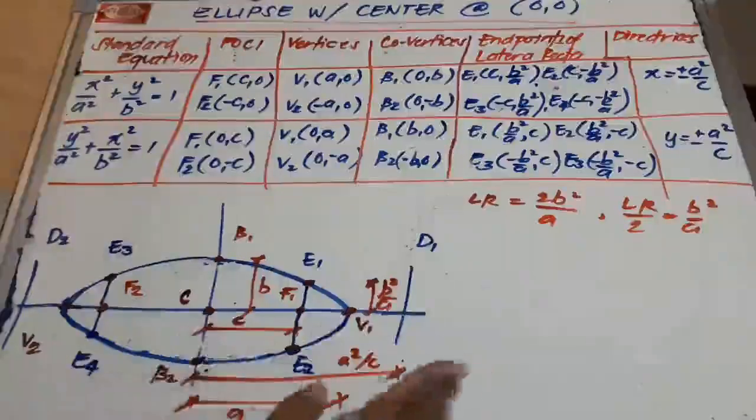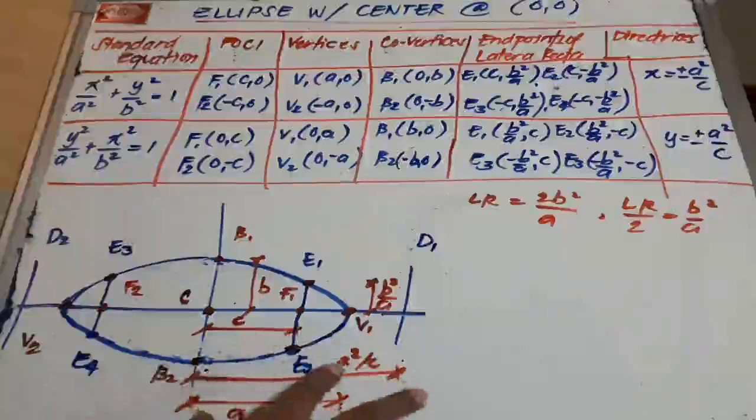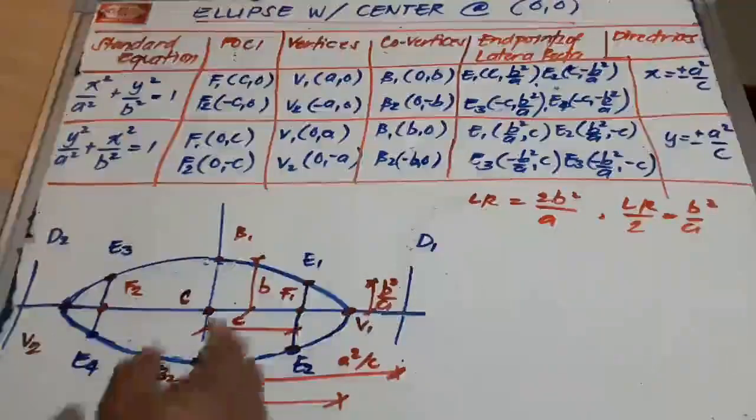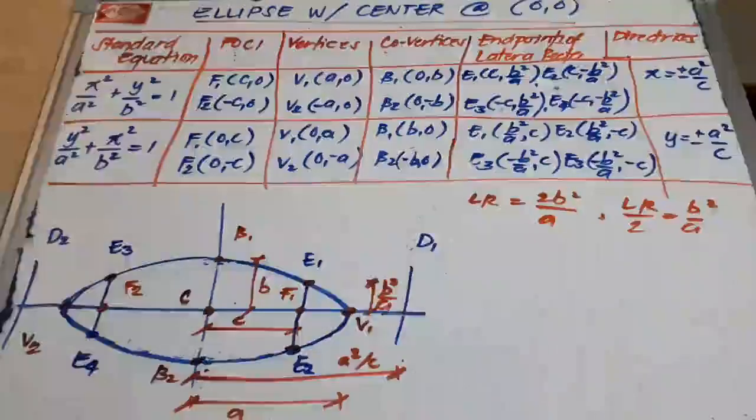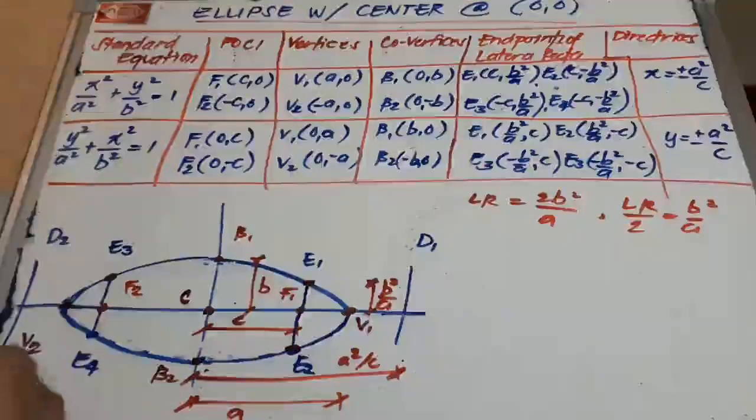A squared over c to the right, to the left is negative a squared over c. So therefore, ang equations niya is just plus or minus a squared over c. Okay? So, yon yung ating kailangan. Yan ang mga kailangan nating ordered pairs for us to sketch the graph of the ellipse with center at the origin.